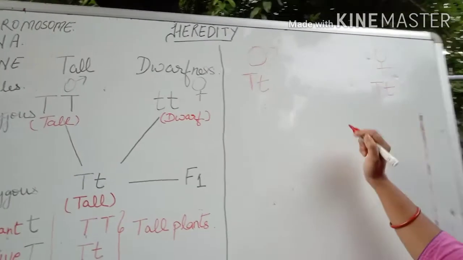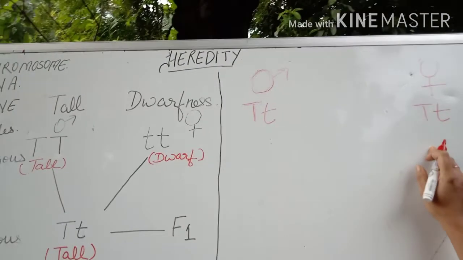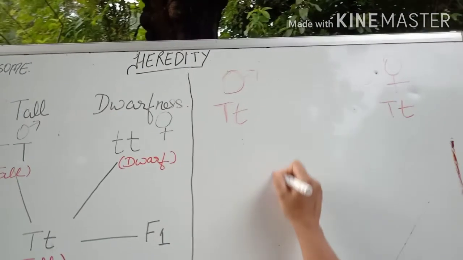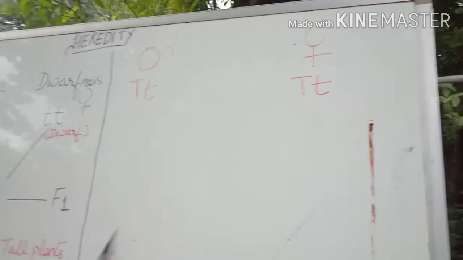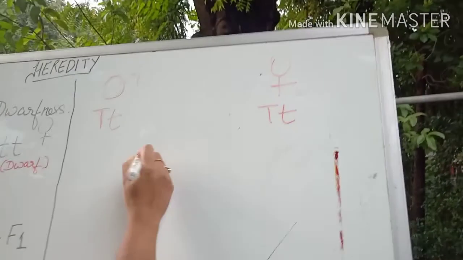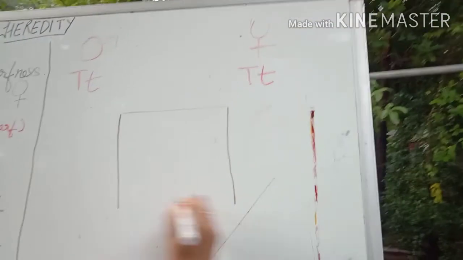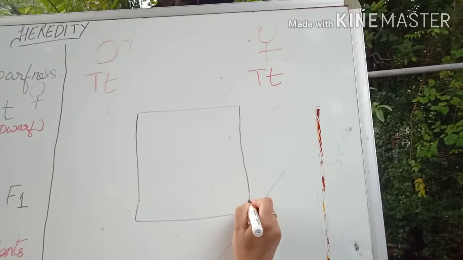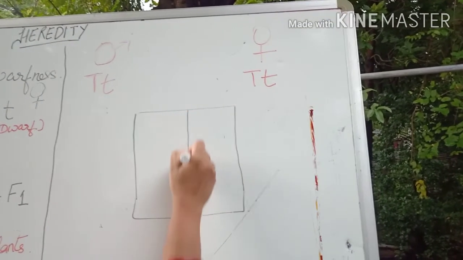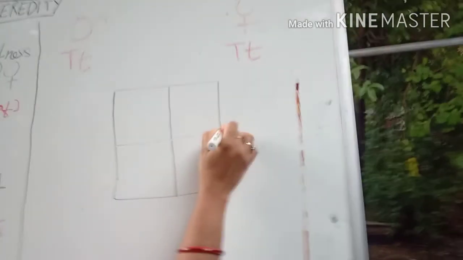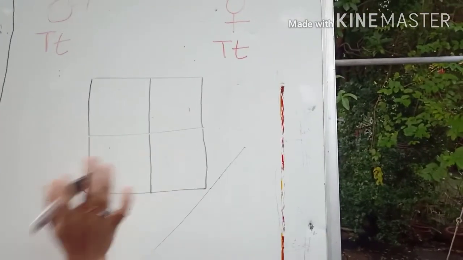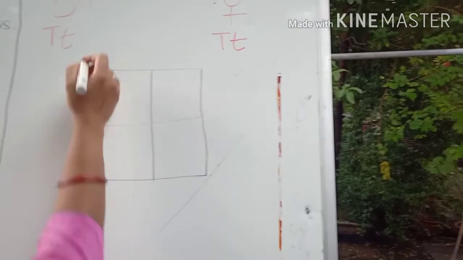Now here if I say what is going to happen in this case, if I am drawing the diagram for this now, various type of checkerboards you should know how to draw, but this small 4 one is for single character taking into account.